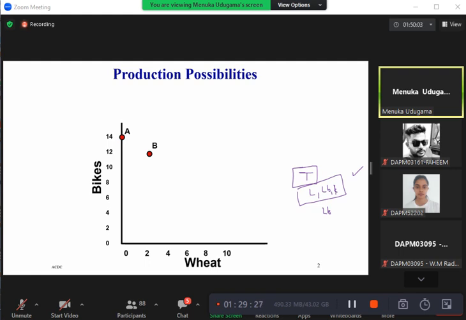Right. So I increase the amount of wheat up to 2. But now we have to remember that we have actually used the same labor. So when you train the first set of labor to produce wheat, you would take the best people, high intellectual capacity, very active.